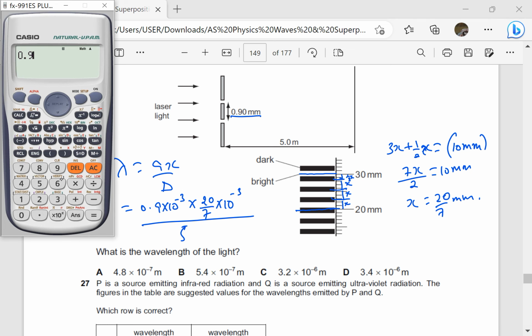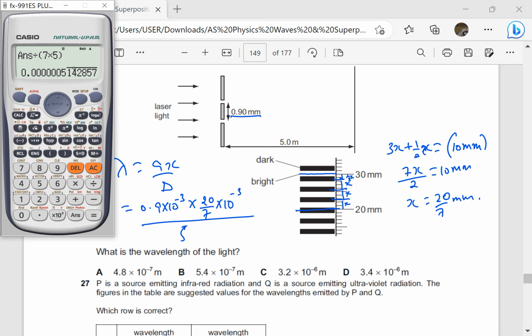So 0.9 times 10 to the negative 3 times 20 times 10 to the negative 3 divided by 7 times 5. So that is 5.1 times 10 power negative 7.